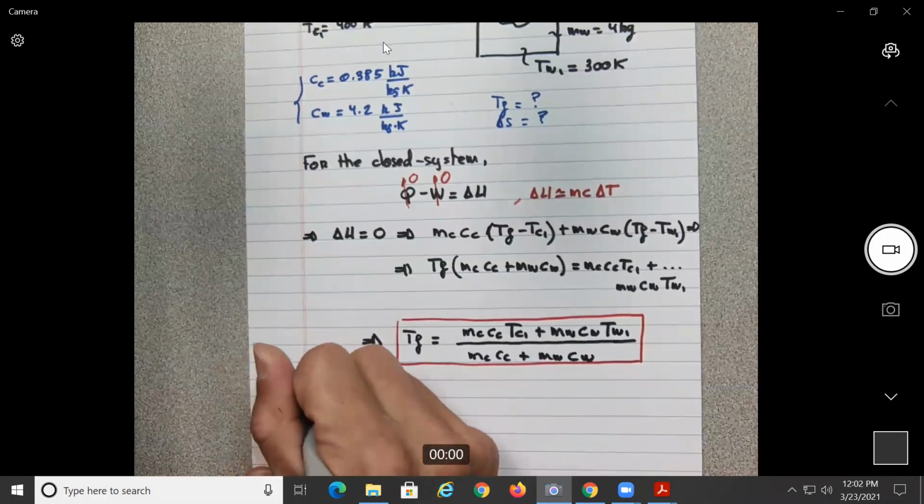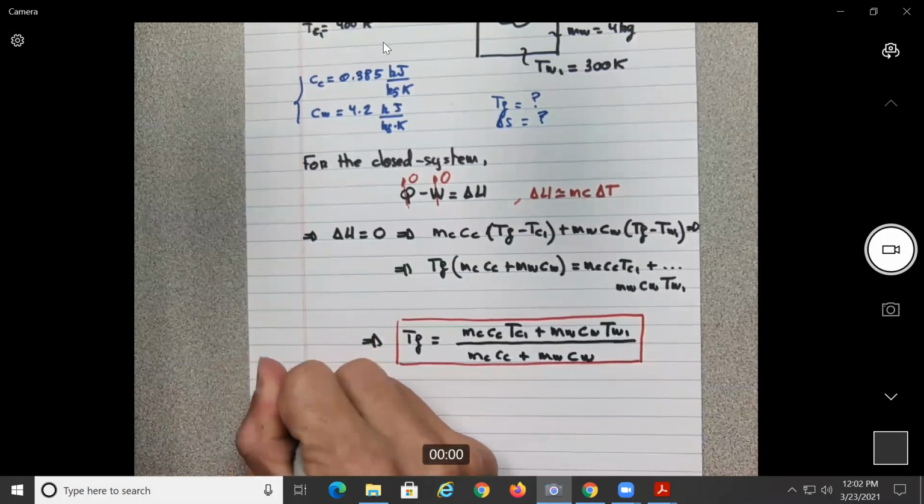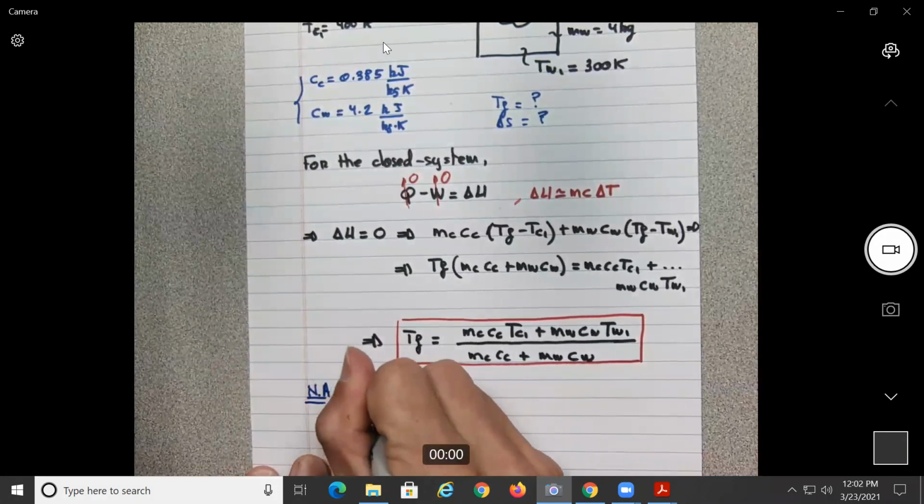Okay, so if we do the numerical application, all the units should be good. We have T final should be equal to what?